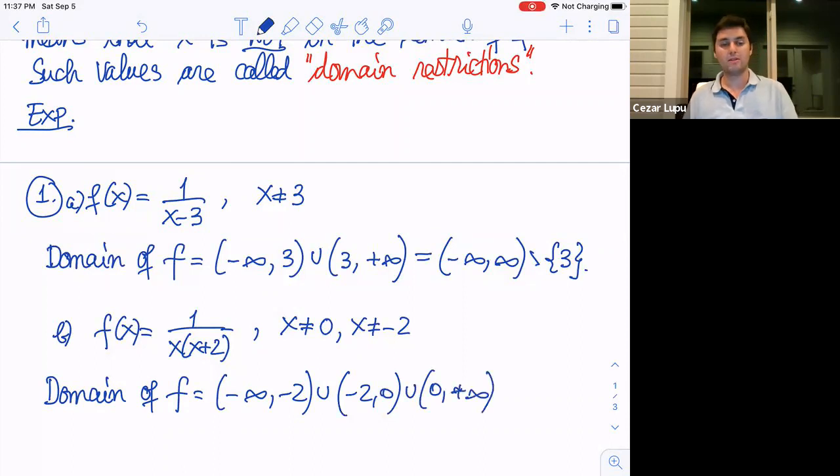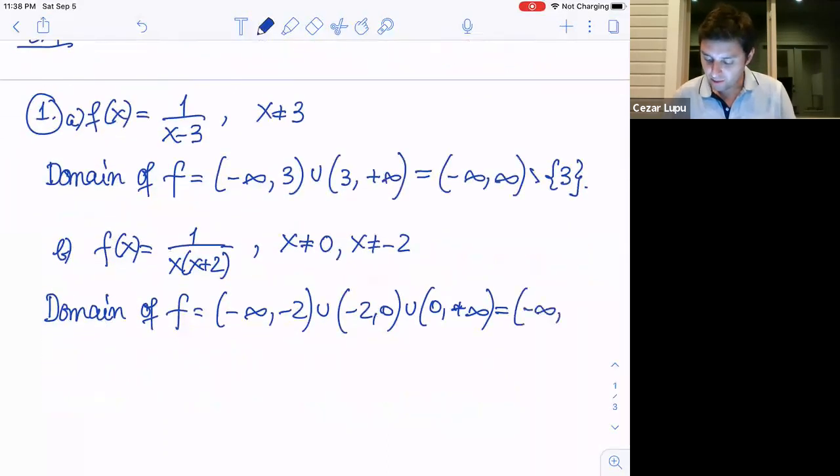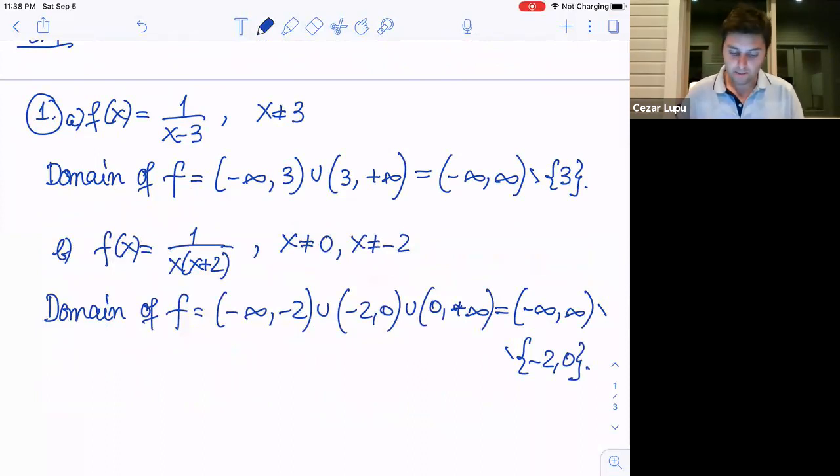You see, the domain is the union of the 3 intervals. In other words, you can write it in this way: negative infinity to infinity, and you exclude these 2 values, negative 2 and 0. Basically, it's just the entire real line where you take out those 2 values, negative 2 and 0.